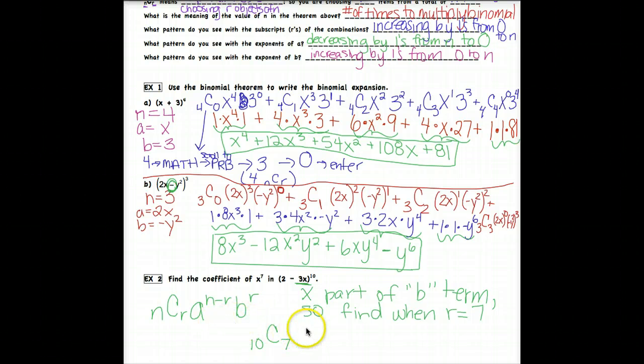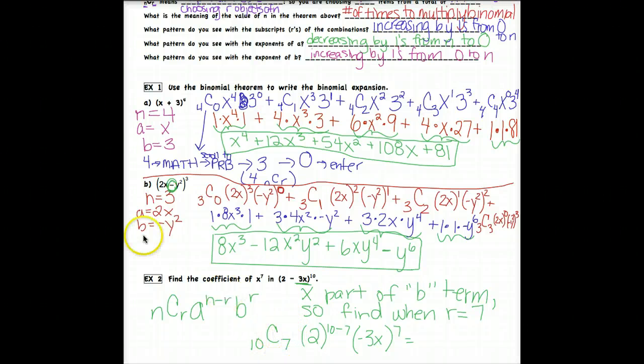So my a value is 2, to the n minus r. So 10 minus 7. My b value is negative 3x to the r, which is 7. And now I just need to simplify that single term. You do not have to expand it all when you're just finding a single coefficient.